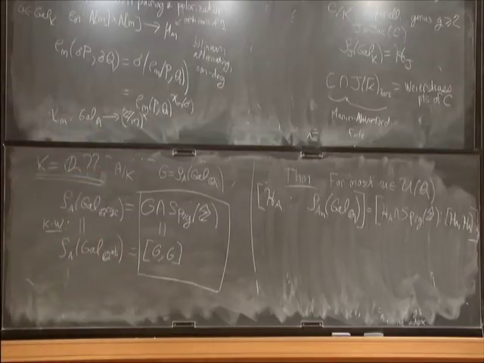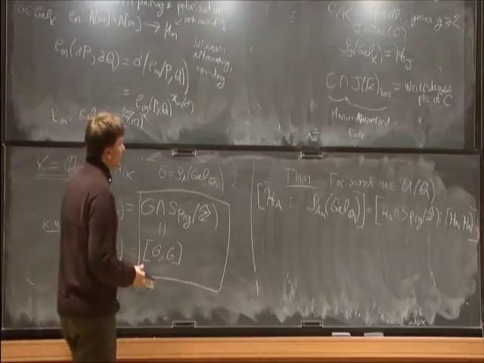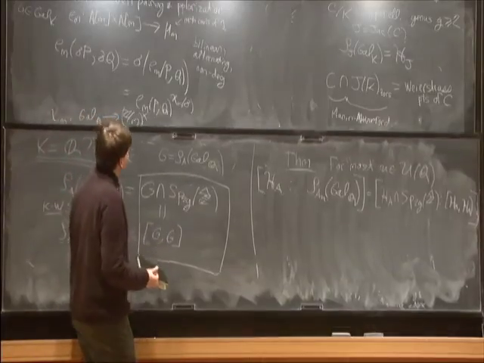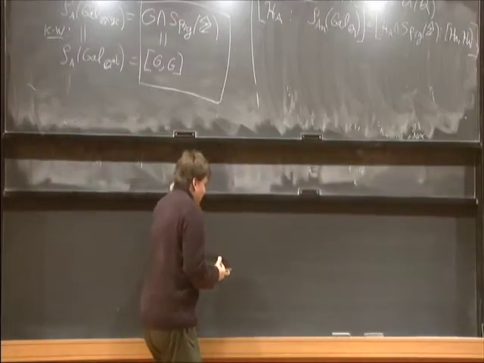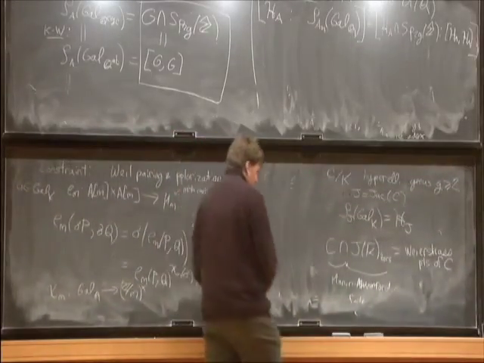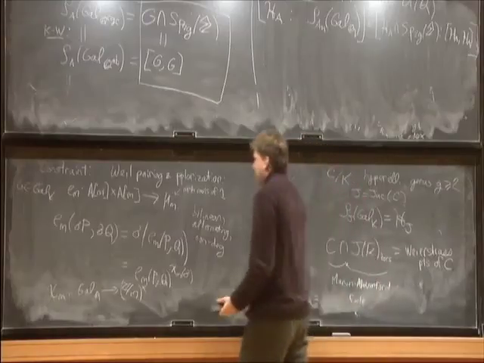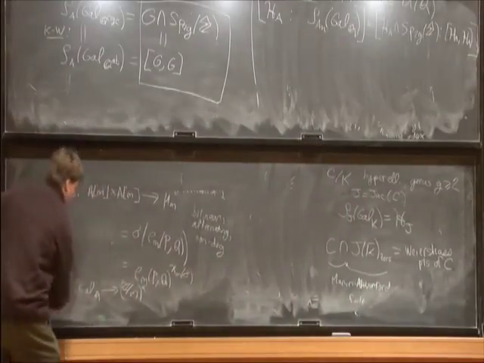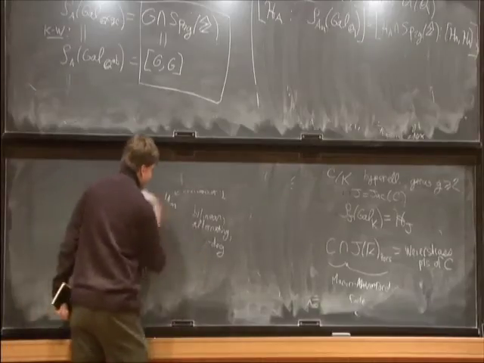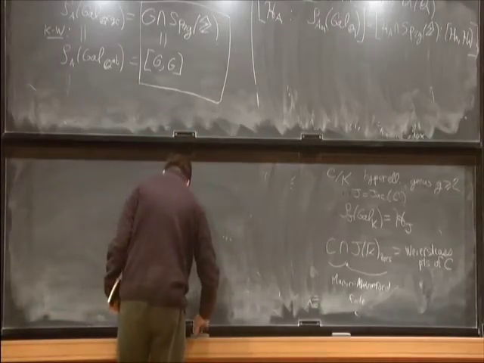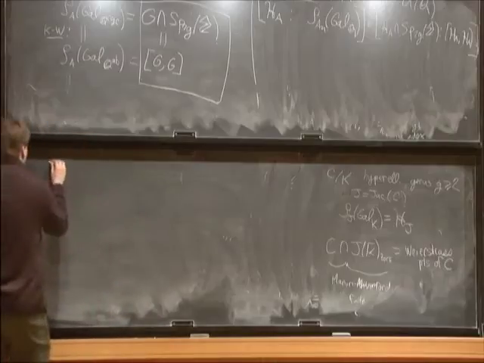Okay, so let me give you an idea of a couple ingredients of the proof. And there's sort of two pieces, small primes and big primes. So let's first think about small primes.